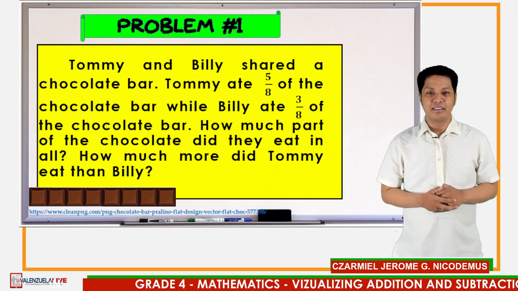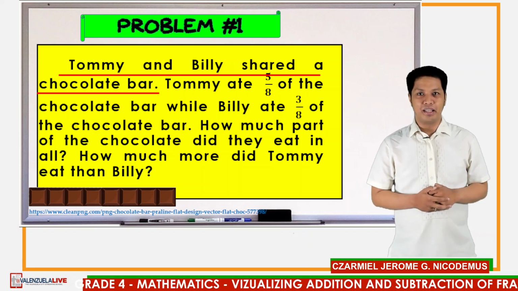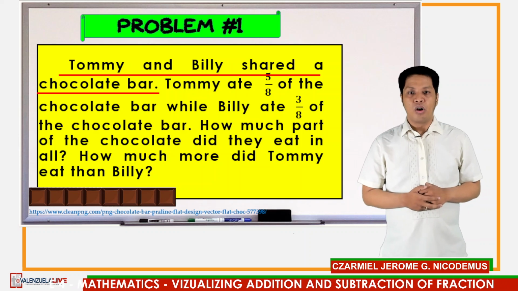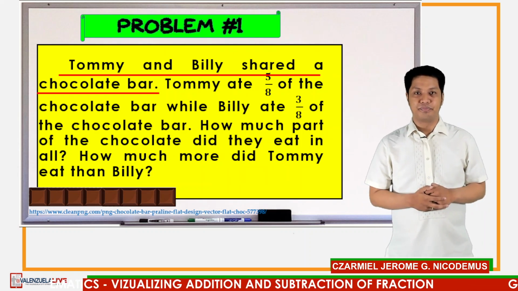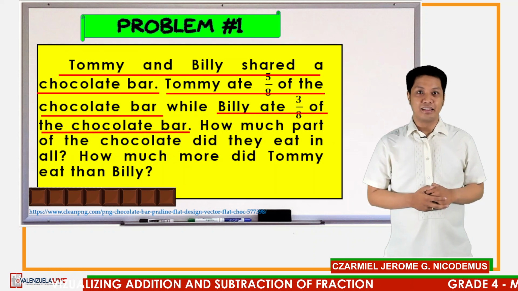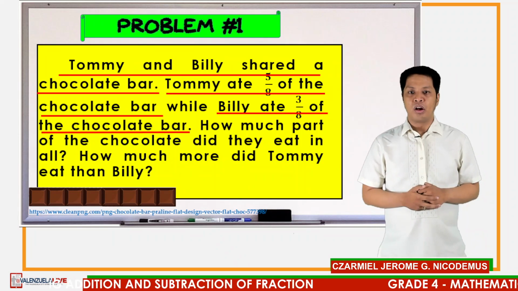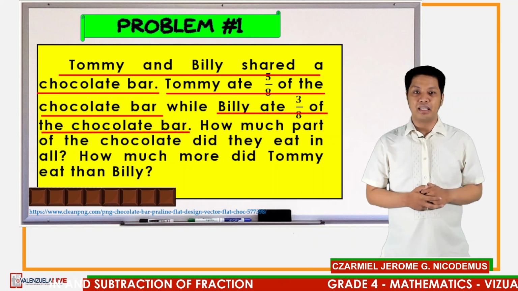So, who ate the chocolate bar? Tommy and Billy shared a chocolate bar. What part of the chocolate bar did Tommy eat? Tommy ate 5/8 of the chocolate bar. What part did Billy eat?